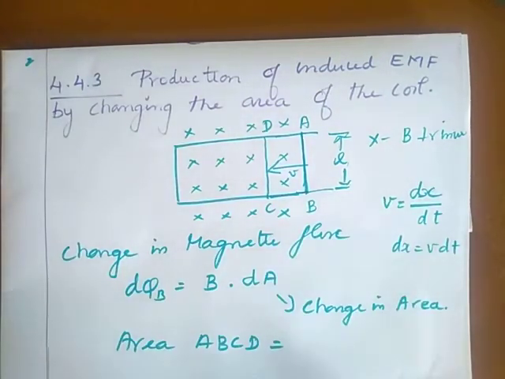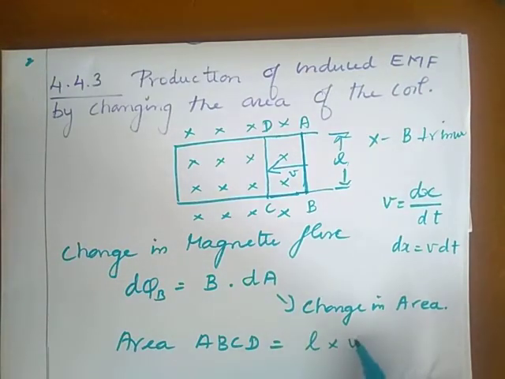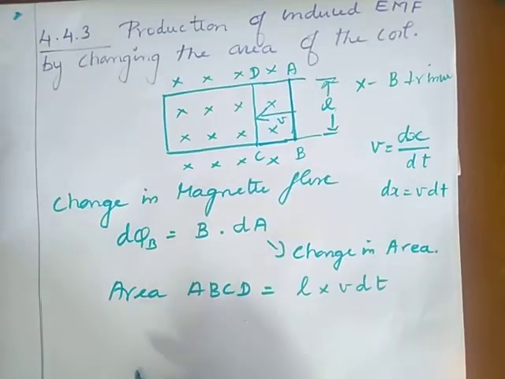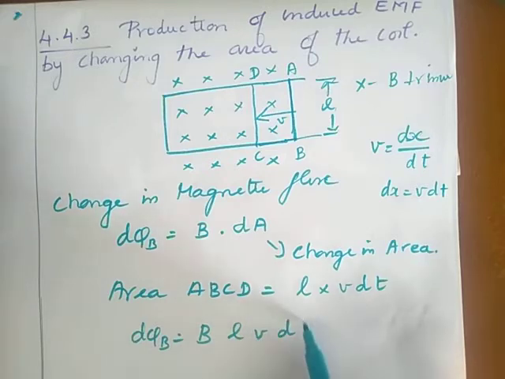Okay, so the area became length into breadth. Length is L and breadth is v dt. Okay, then we can write d phi B is equal to B L v dt.